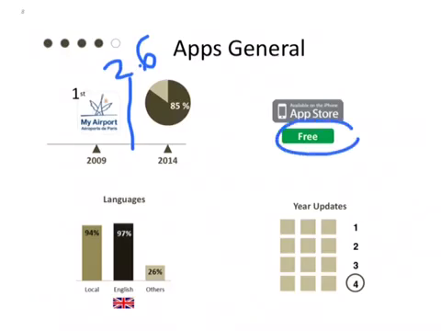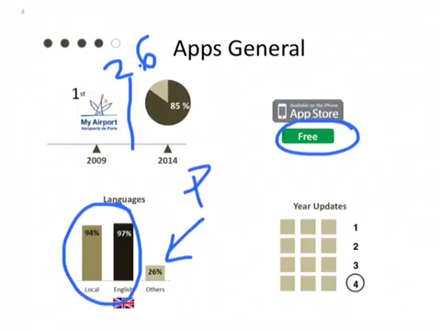All of them provided the application for free, and most of them in the local language and English. Only 26%, however, provided other languages. A good example is Aéroport de Paris, which provides the application in more than 10 languages.